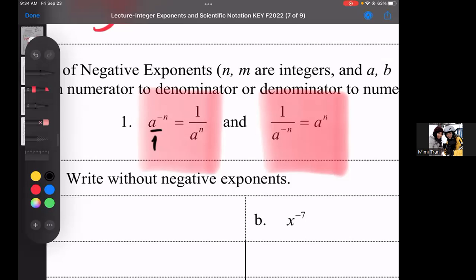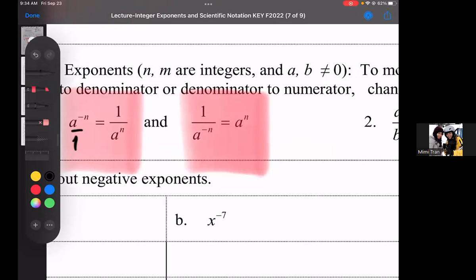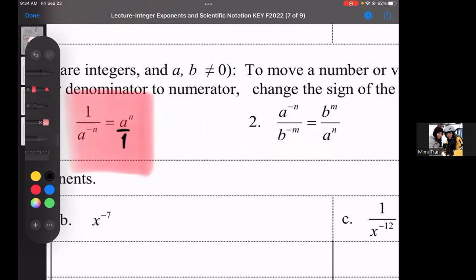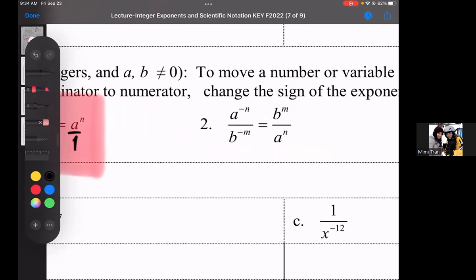All you do when you flip it, the n changes its sign, which has become positive now. Same thing here. If I have 1 over a to the negative n, flip it. Now the 1 ends up in the bottom. Change the sign. Same thing if I have two variables. If I have a to the negative n over b to the negative m, if you flip the position, then the exponents change sign. Okay.